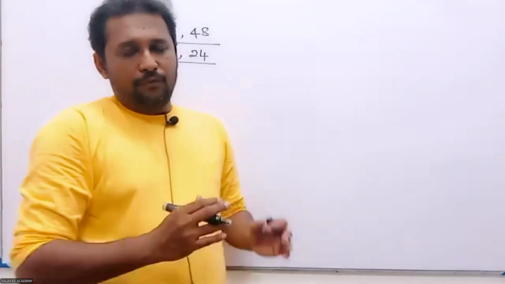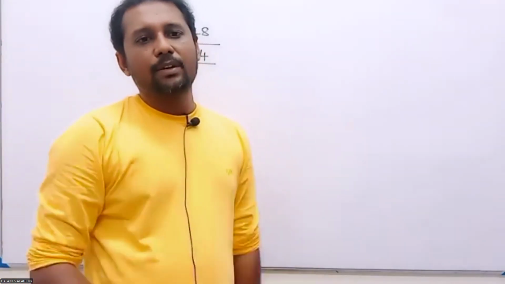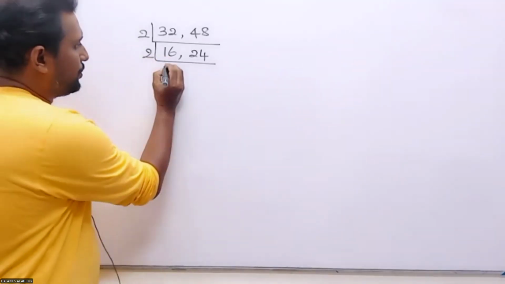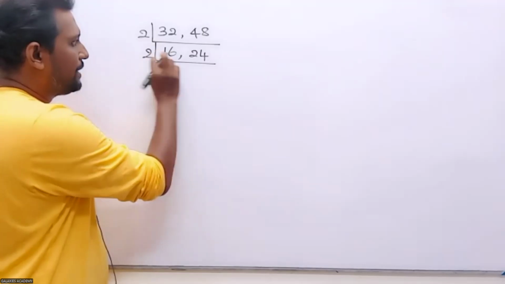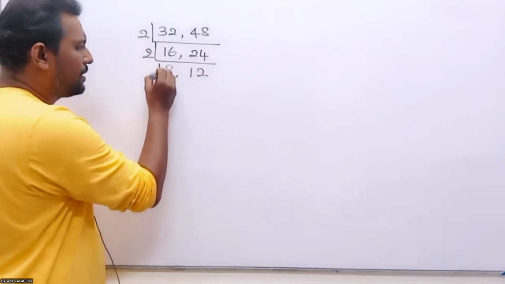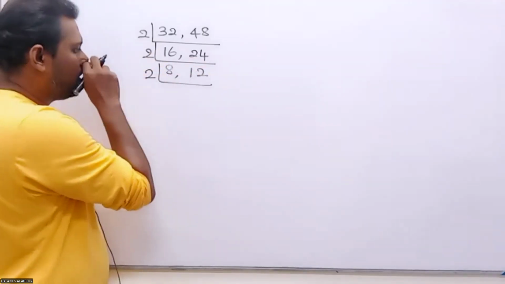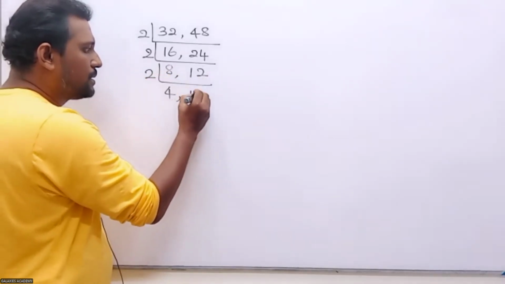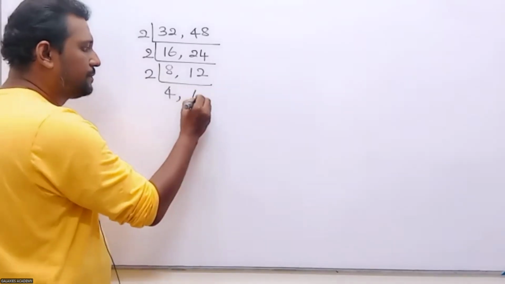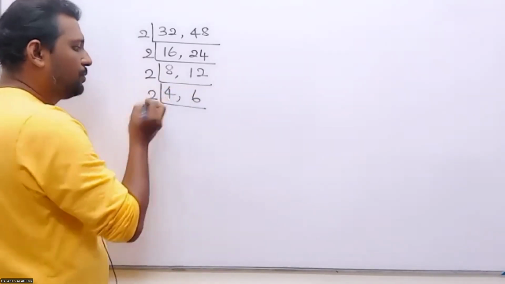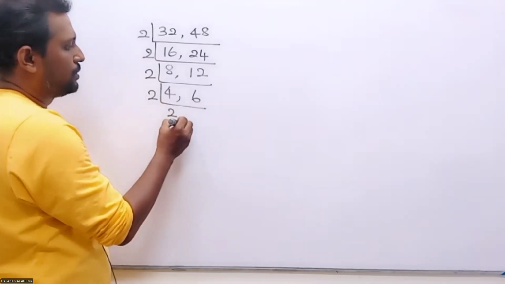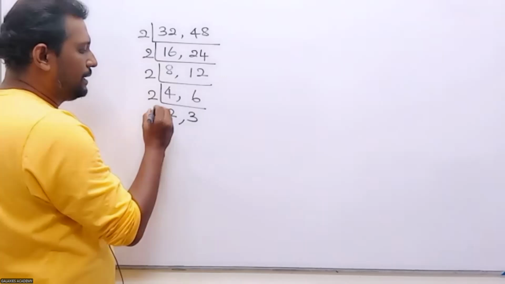If you can't divide by 2, then you can try to divide by 3. 16 divide 2, 8. 24 divide 2, 12. Again 2: 8 divide 2, 4. 12 divide 2, 6. Again 2: 4 divide 2, 2. 6 divide 2, 3.